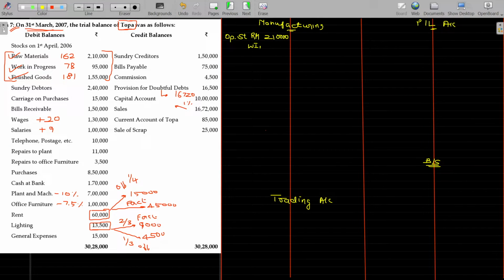Opening stock of work in progress being 95,000. Closing stock of raw material as well as work in progress, 1,62,000 and 78,000, which is given in the adjustment.